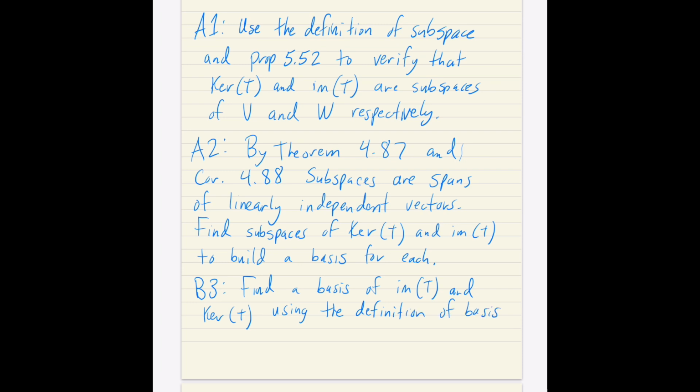And what are the two things that need to occur in a basis? Well, the first thing is that they span the space, and then the second thing is that they are linearly independent.